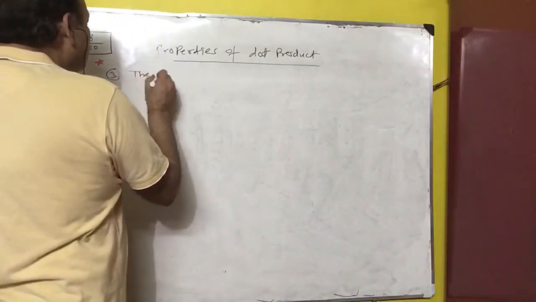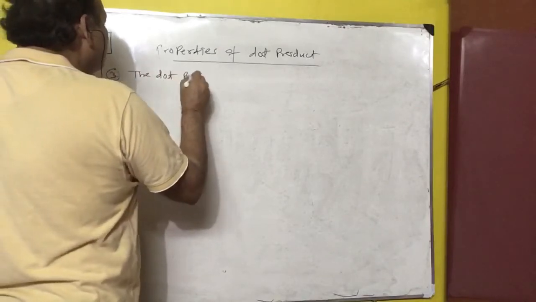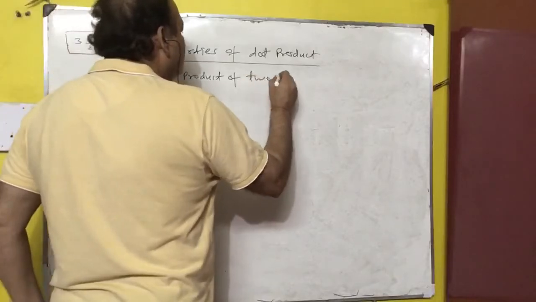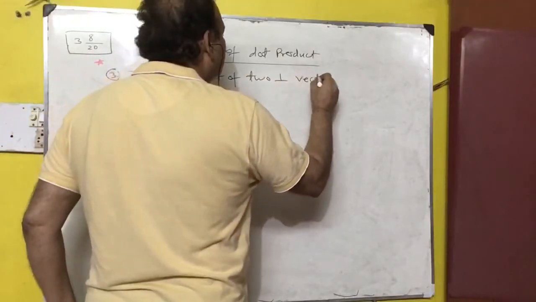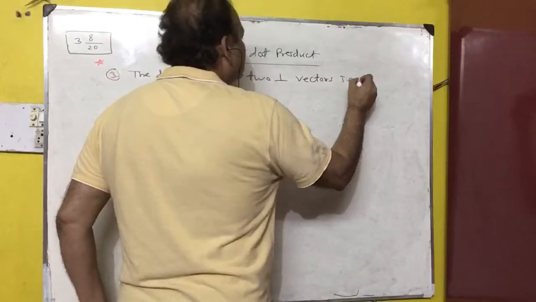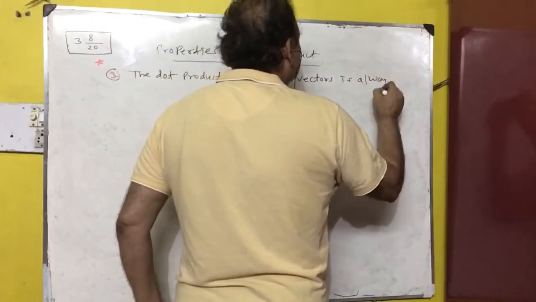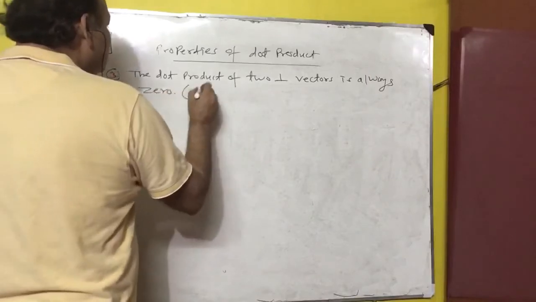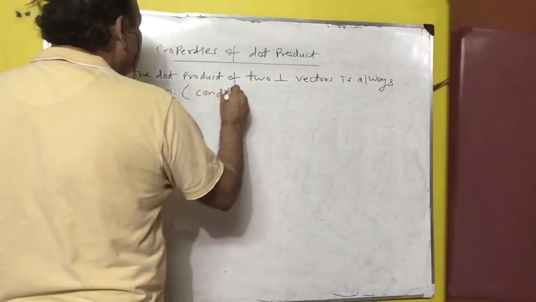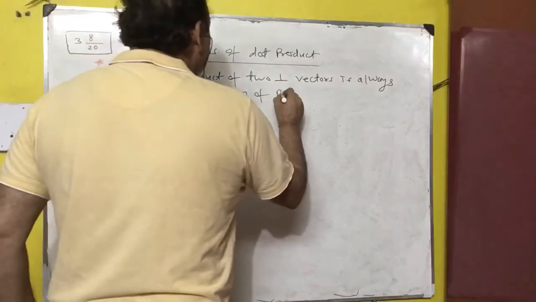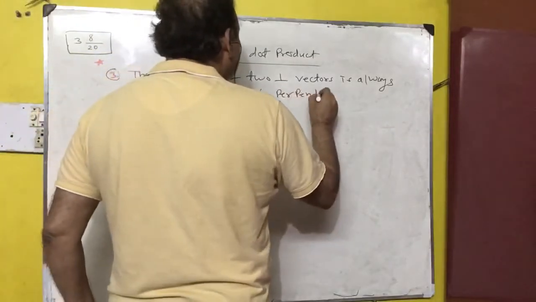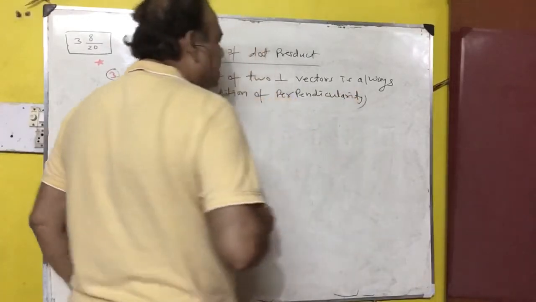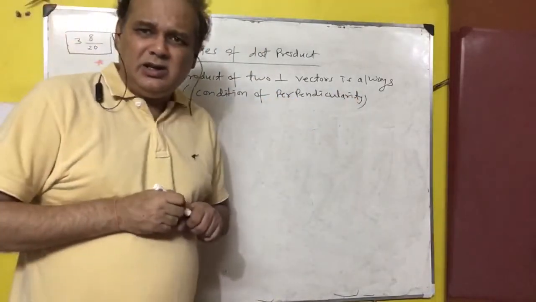The dot product of two perpendicular vectors is always 0. This is known as condition of perpendicularity.